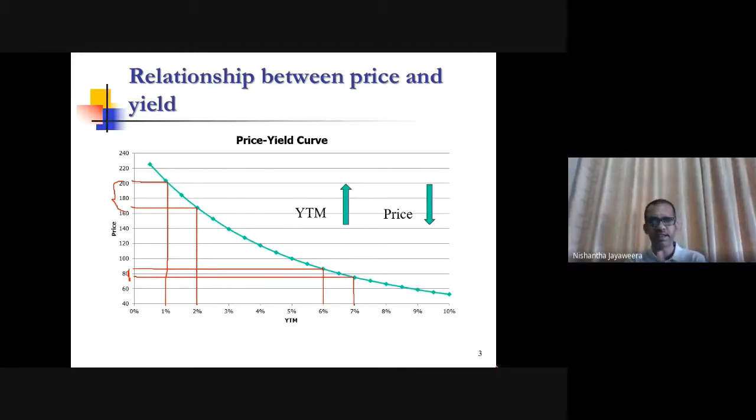But even that would change depending on the yield to maturity at a particular time. When the yield to maturity is low, sensitivity of price to interest rate is high. When the interest rates are high, sensitivity is low.